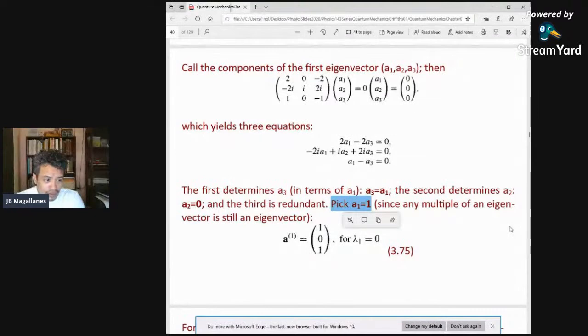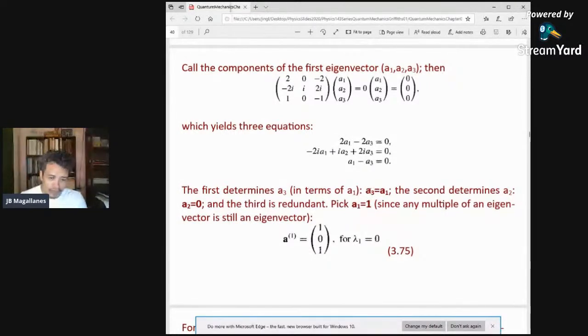You can pick anything as long as a1 is equal to a3. If a1 is equal to 1, then a3 should also be equal to 1. Not a1 equal to 2 and a3 equal to 5.